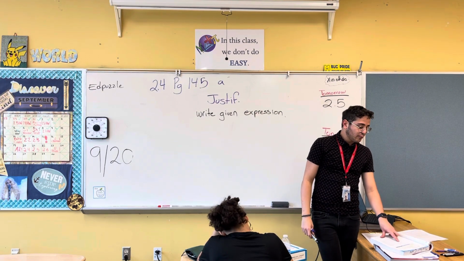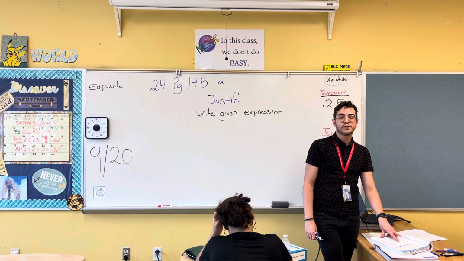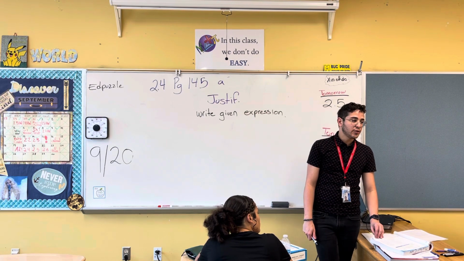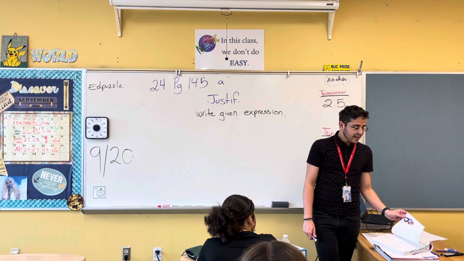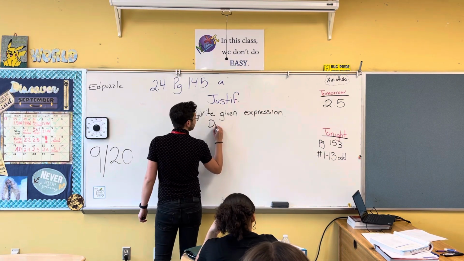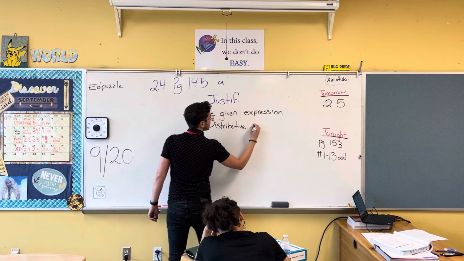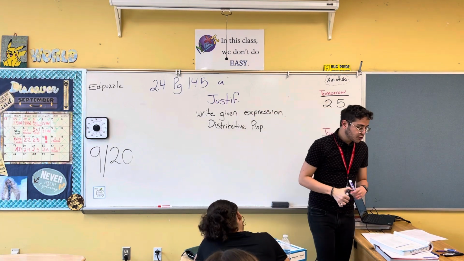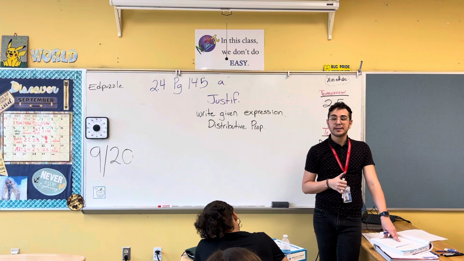Underneath that, we see that the parentheses disappeared and 5 over 2 was multiplied to the x and multiplied to the 4. How did they do that? What property did they use? They used the distributive property. So the first property they used was the distributive property. And you know that because they multiplied 5 over 2 to x and 5 over 2 times 4.